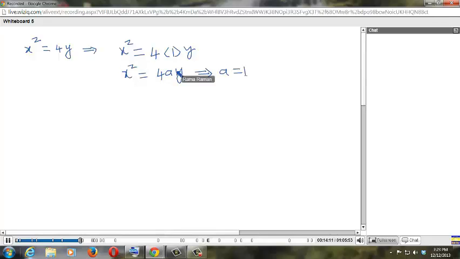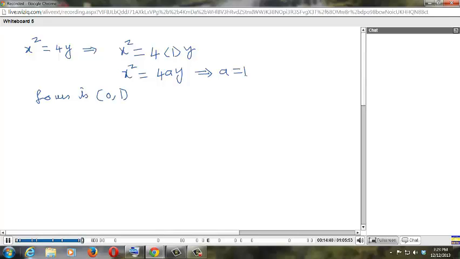Now, in the case of a parabola of the x square is equal to 4ay form, the latus rectum will pass through the focus. First of all, we get the focus coordinates. The focus will lie on the y-axis. So the x coordinate is 0, therefore the focus is at the point x coordinate 0, y coordinate 1.